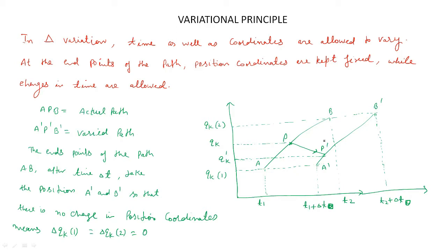For the vertical movement you will write delta qk, and for horizontal movement you will write qk dot into delta t. So from P to P dash, the delta variation, which allows a position coordinate as well as the time coordinate, we will write as delta qk.